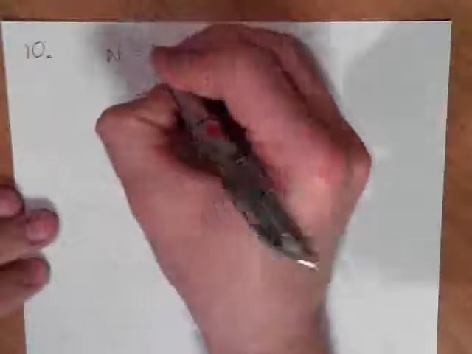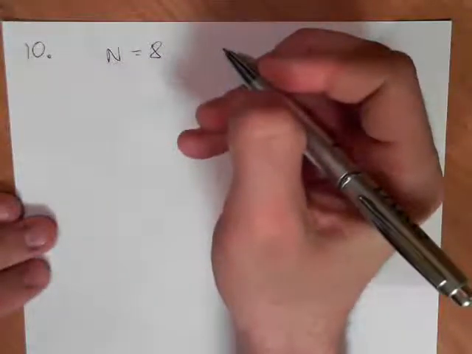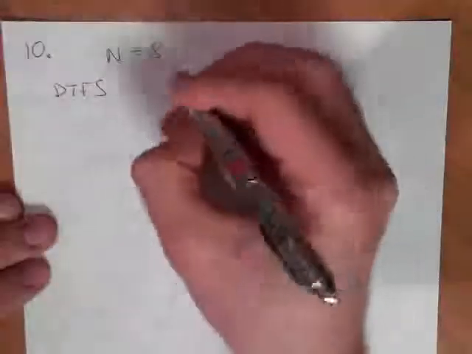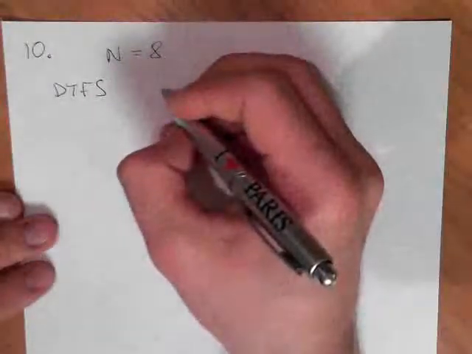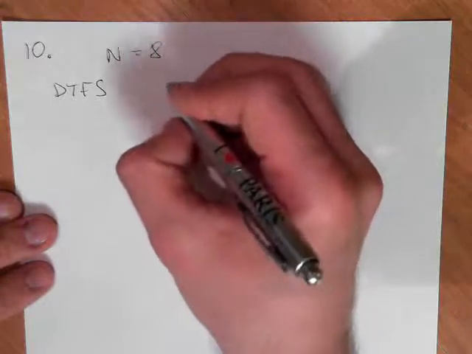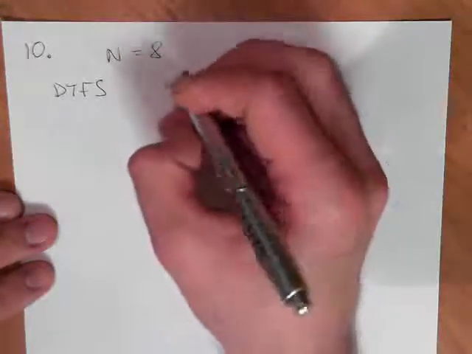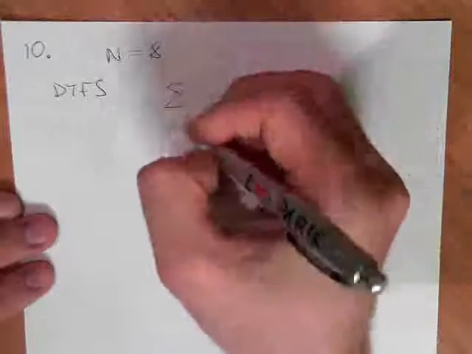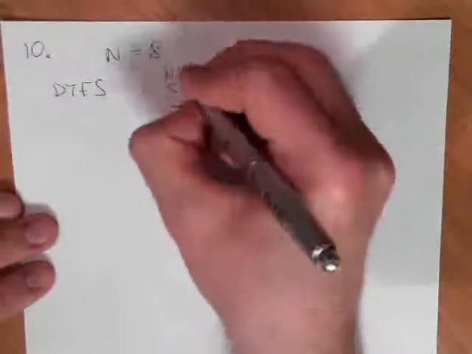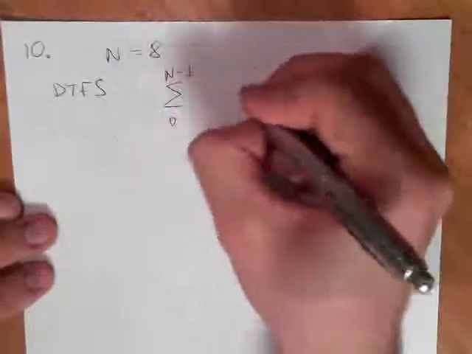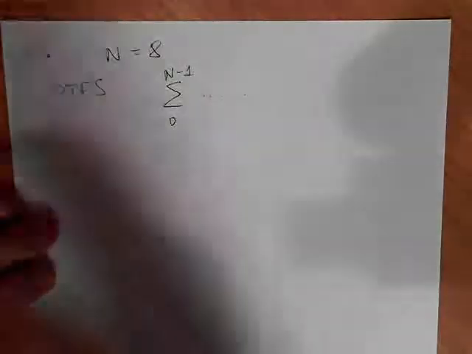Question number 10 was, if the period N is 8, how many different frequencies or unique signals are there in the TFS? As you remember, there was a sum from 0 to N minus 1, and then there was this whole formula.